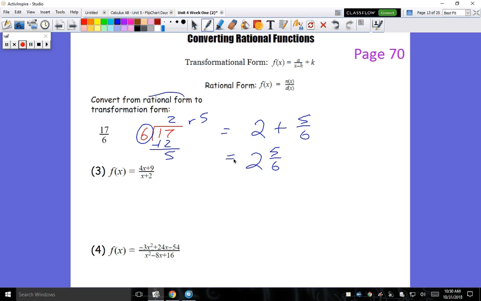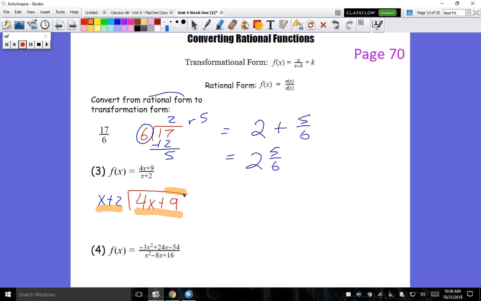Okay? So when I see this, I'm going to do a little bit of long division, and I'm going to be able to get 4x plus 9 divided by x plus 2. Now I know it's been a while since we've done long division with those polynomials, but it hasn't been that long. I have 2 terms, start right there, right above the 9.